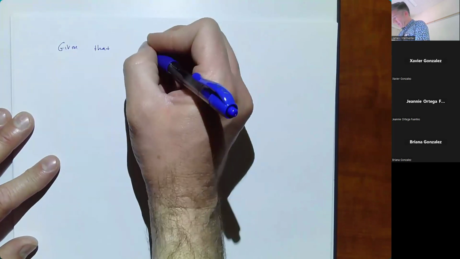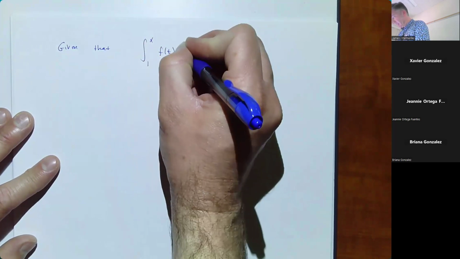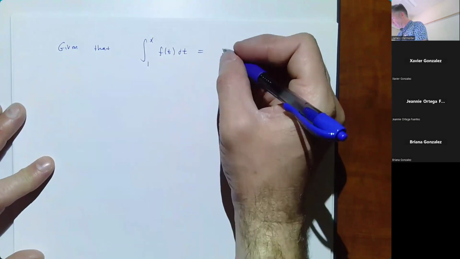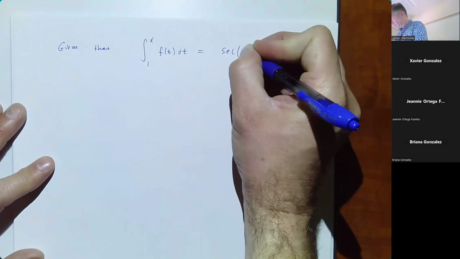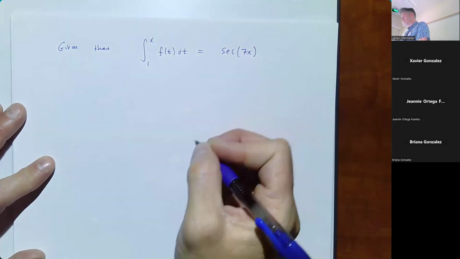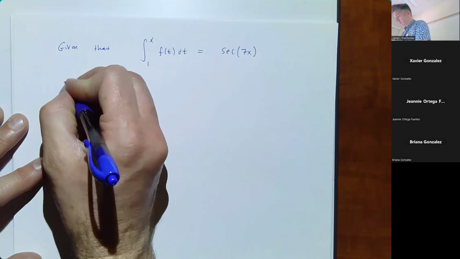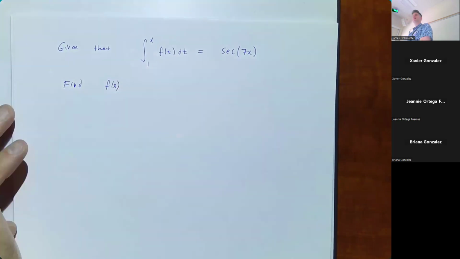Given that the integral from 1 to x of f of t dt is equal to, let's not make it secant squared, let's make it a little bit nicer. Let's make it secant of 7x. Find f of x.